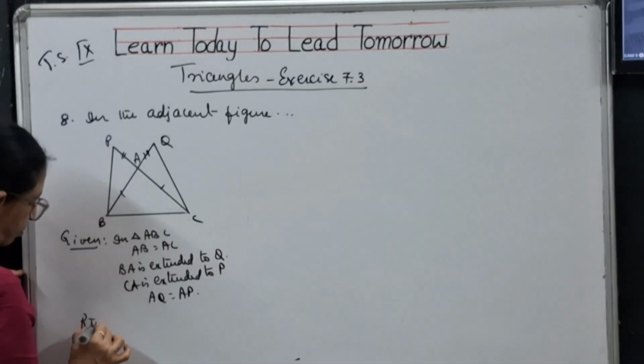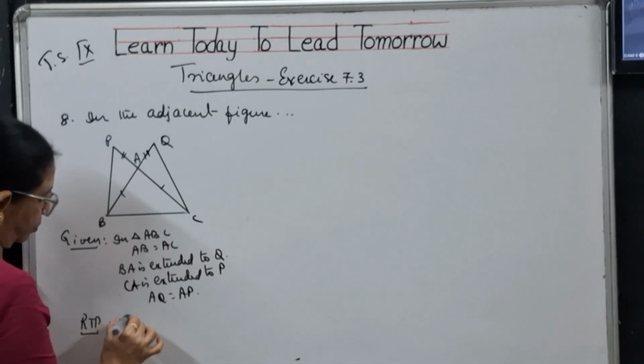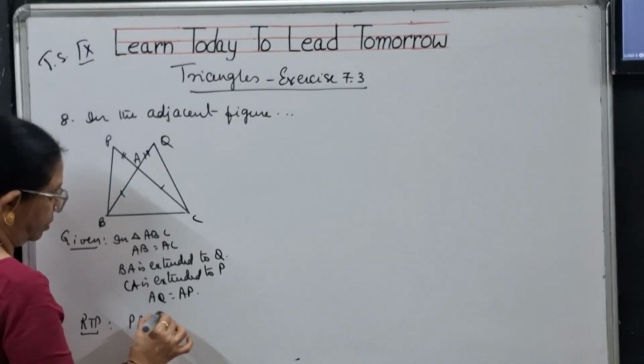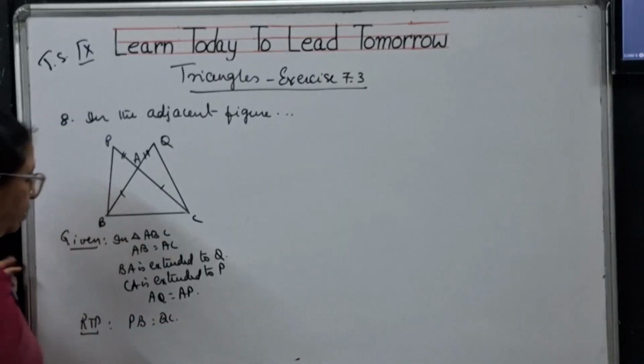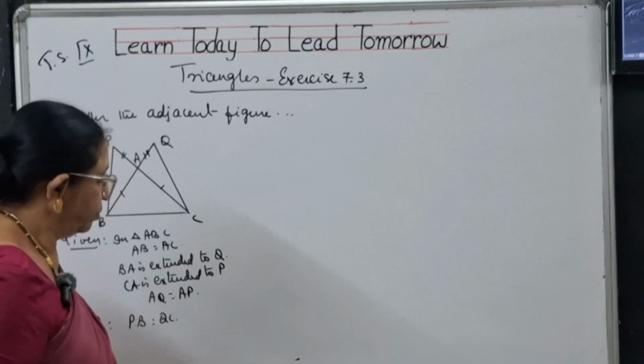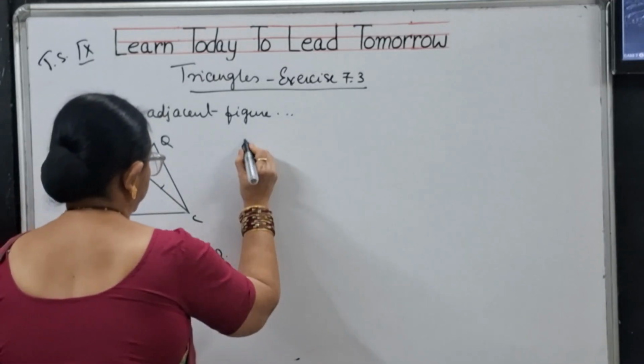Now what is RTP? We need to prove that PB is equal to QC. This we need to prove. Now proof.